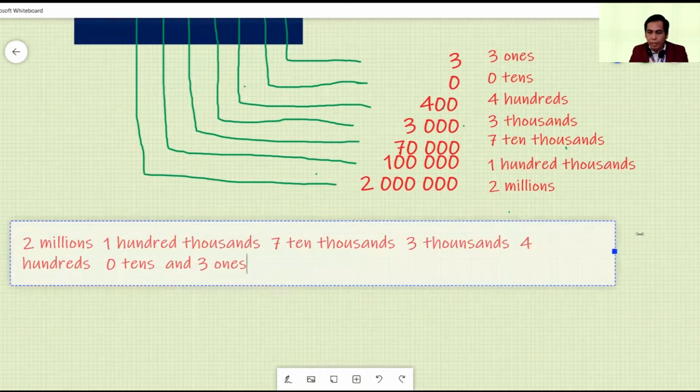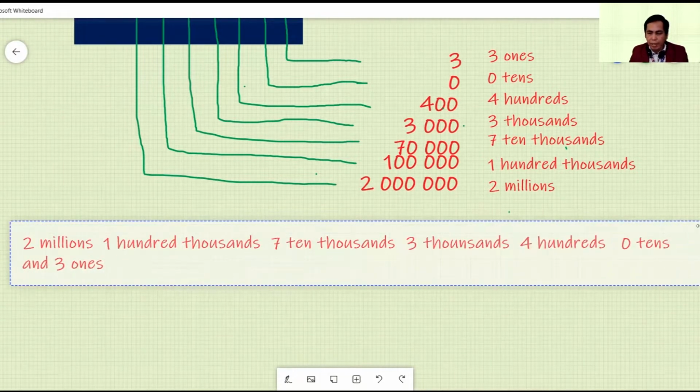Now take note that this is not yet the way we are going to write the given numeral in words.